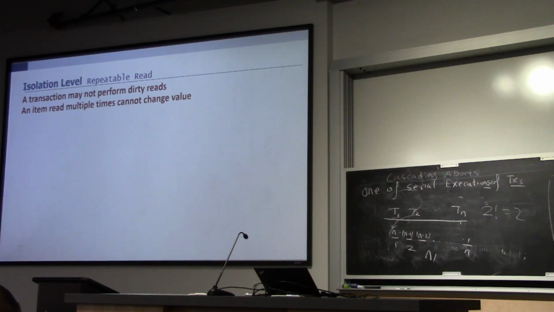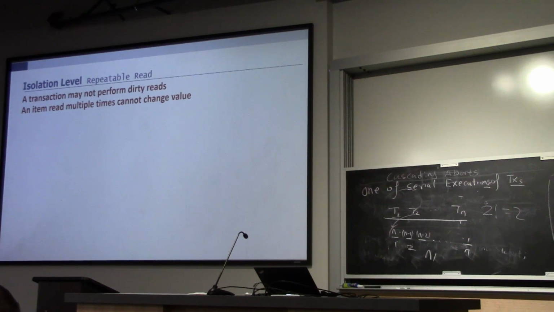If I'm still in the same transaction and later I read that enrollment value again, it should be the same value, unless I myself have made some changes. By the way, if you're reading a write performed by the same transaction, that's not considered a dirty read. A dirty read is when you read an uncommitted item written by another transaction. Reading your own update is always okay, of course. Otherwise, you cannot proceed.